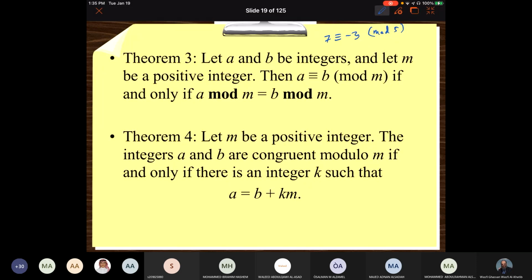Why? Because 5 divides 7 minus (minus 3), which is 10. So 7 and minus 3, when you do your arithmetic mod 5, they are the same.